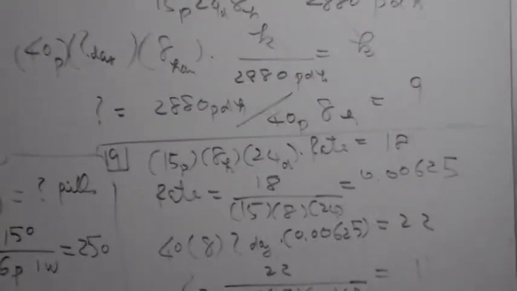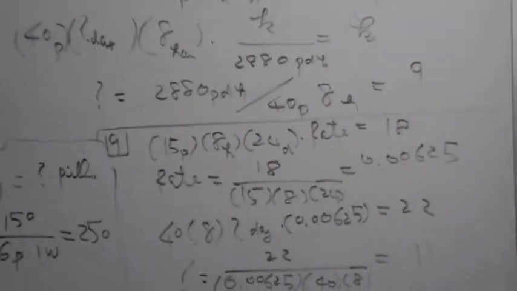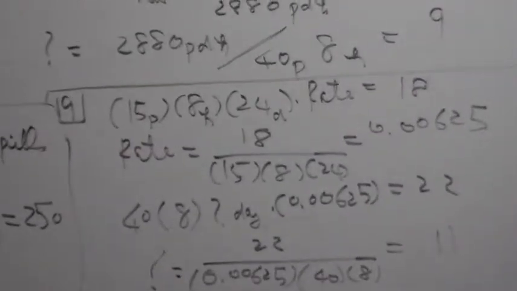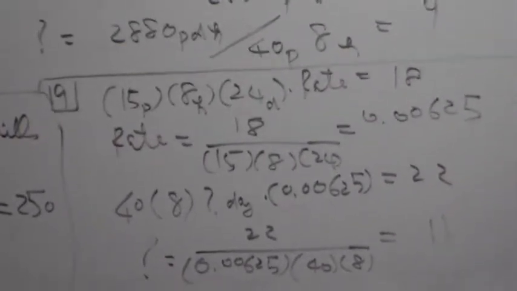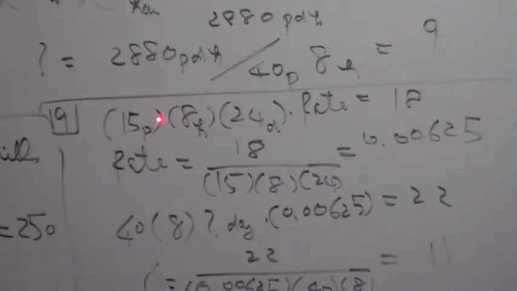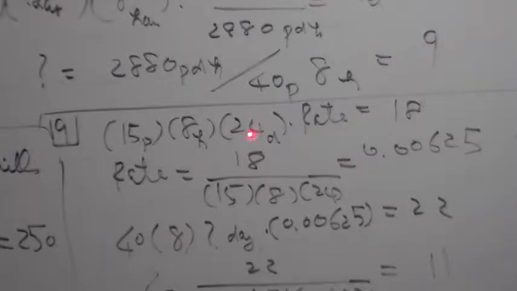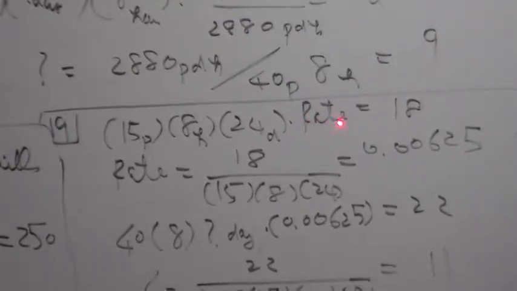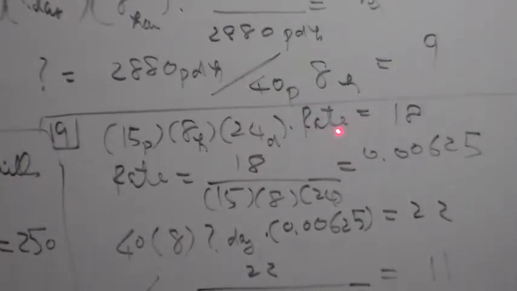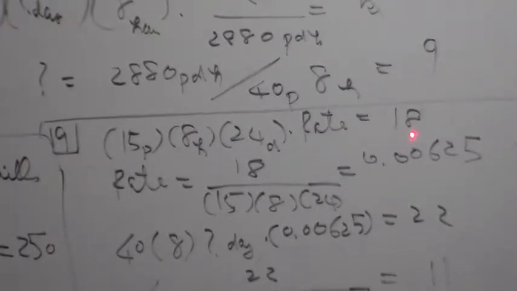Number 19. Okay, 15. Let me close it. Okay, they say 15 painters, 8 hours a day, 24 days, right? We don't know the rate, so we write rate like this. Then they finished 18 houses, right?